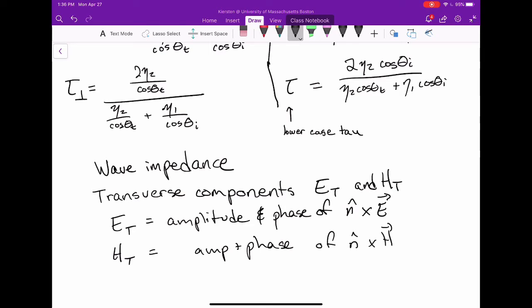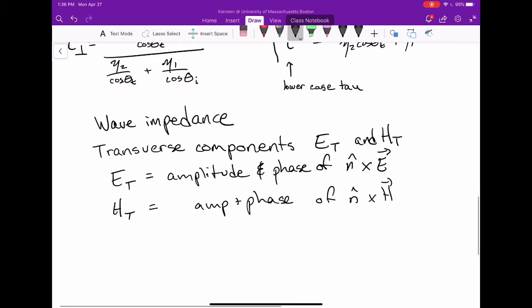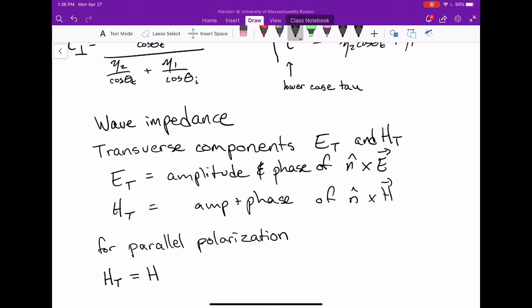In that case, when you're talking about TM incidence, that's parallel polarization, for all of the incident, reflected, and transmitted waves, HT is just H for whatever component you're talking about.